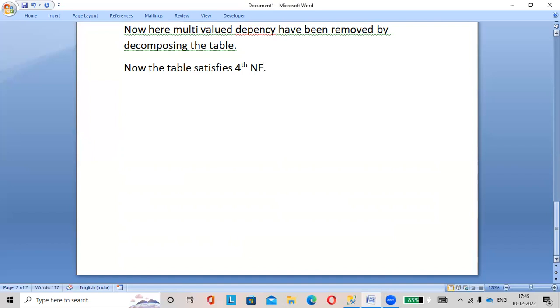Is it clear, ma'am? What is 4th NF? Actually, in first NF, it was multi-valued attribute.